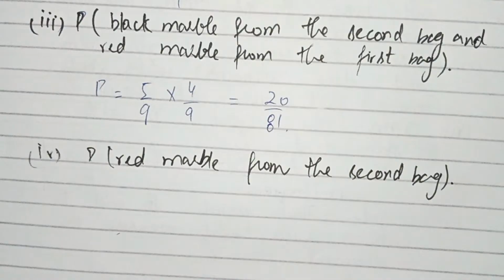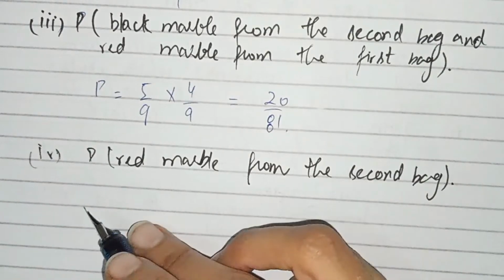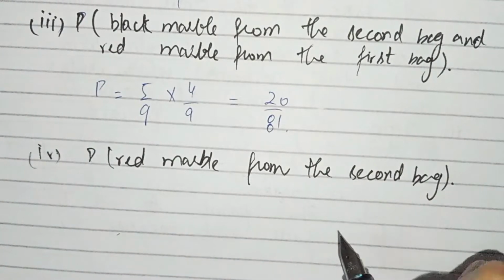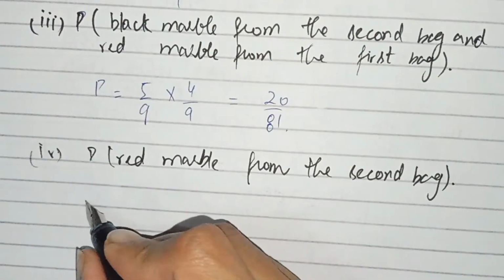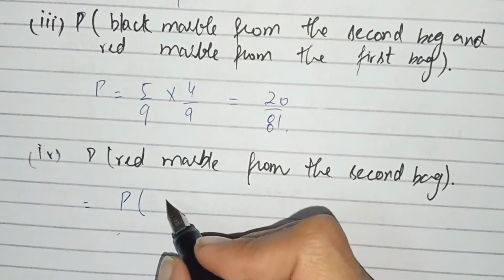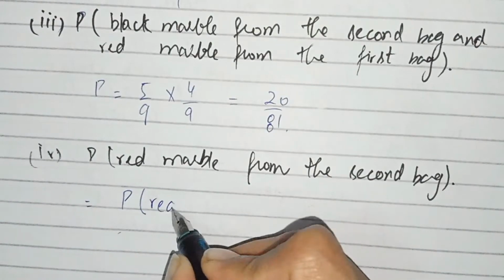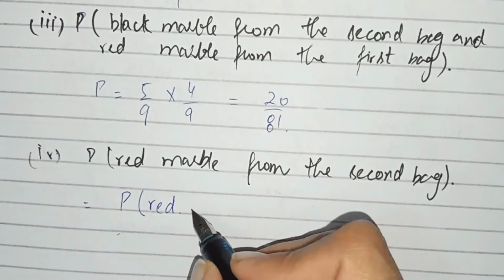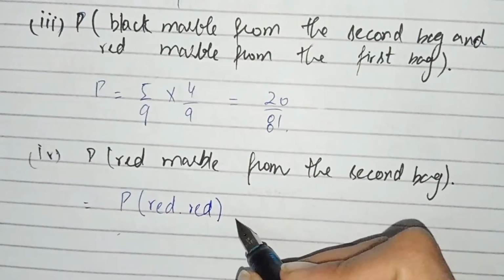In part number 4, it's given to us the probability of a red marble from the second bag, and its probability is like that. There is a chance to get red and red: the first bag is red, again there is red.